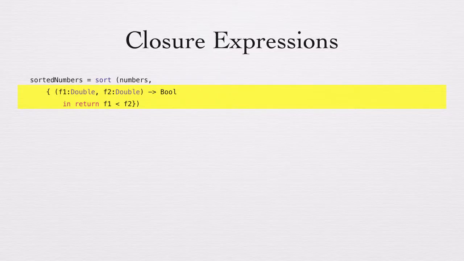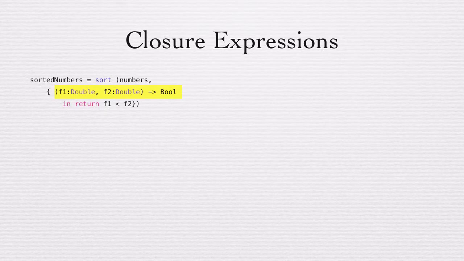We now provide the definition of the sorting closure in the declaration of the second parameter of the sort function. Note that the value of the second parameter is enclosed within two curly braces. This parameter is a function type that takes two parameters f1 and f2 shown here, both of type Double. The function returns a Boolean type. The in keyword here indicates the start of the closure's body.